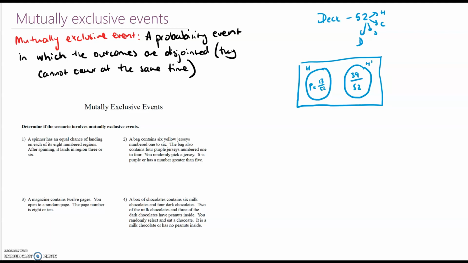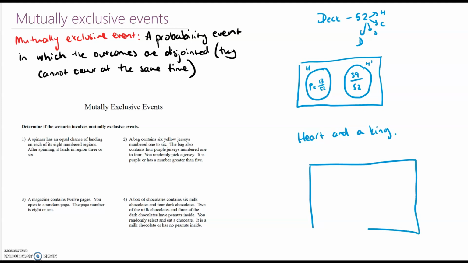So now we're going to take our deck of cards again, but we're going to look at the probability of picking out a heart and a king. This is going to be our scenario. So we still have a circle for hearts.